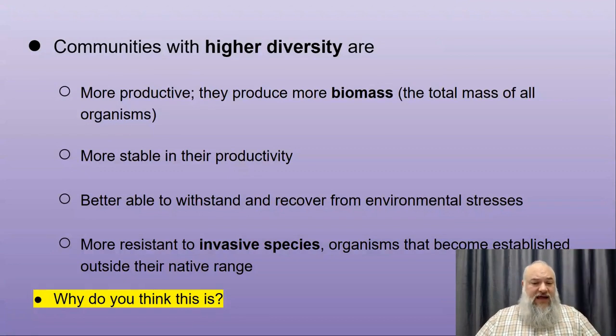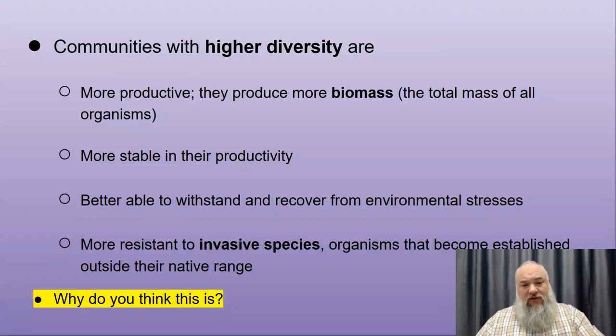They're better able to withstand and recover from environmental stresses, like drought, and they're more resistant to invasive species. Those are organisms that have become established outside their native range, right? They're less likely to be dramatically affected if something new moves in.